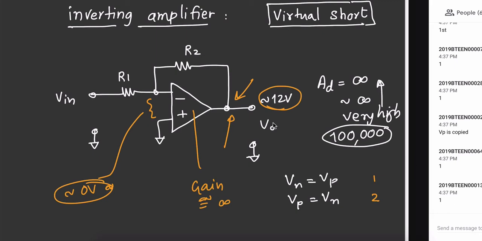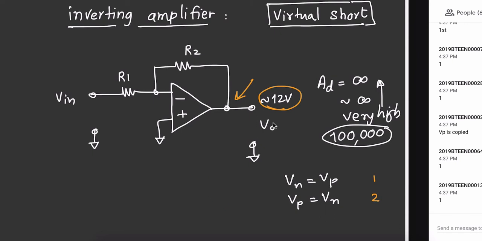Since the difference is 0, I repeat, since the difference is 0, the inverting terminal voltage is the same as the non-inverting terminal voltage. I hope you are able to understand this.